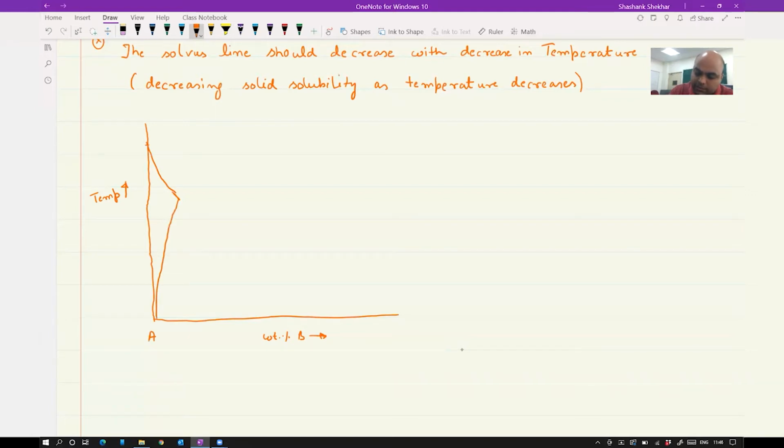Somewhere here, say you have beta phase, and say you have liquid, this is alpha, so this is alpha plus beta, and this is also going to be a two phase region, which is alpha plus liquid. Now which one is the solvus line here? So this is your solvus line.